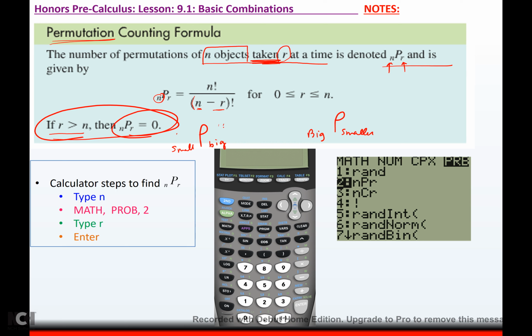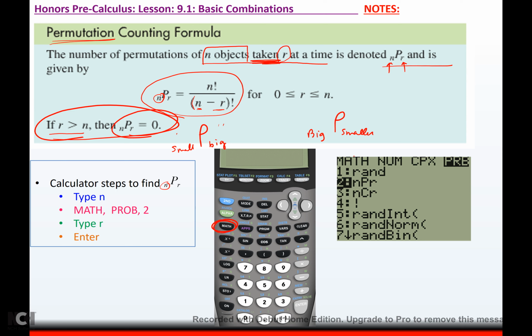Okay, now they're gonna want you to do some of this by hand, and I'll ask you to do a few by hand because I think it's important that you know the formula. But after we do a few by hand, here are your calculator steps to find n objects taken r at a time, the permutation. You type whatever number this is, the biggest number. You hit your math key, which is right here.